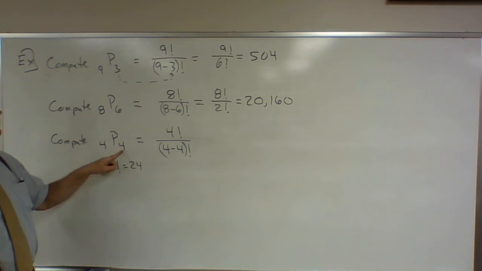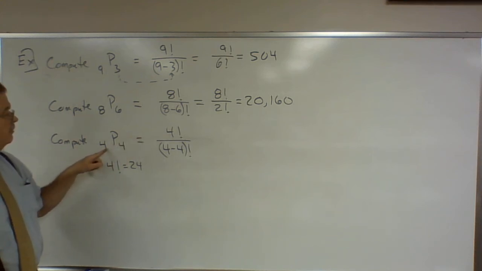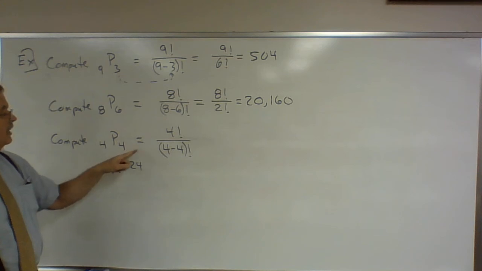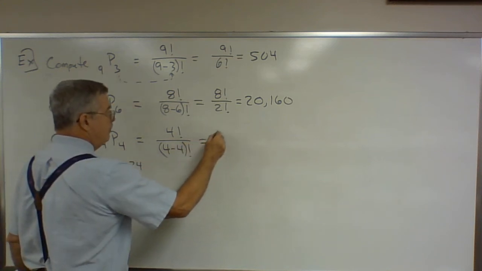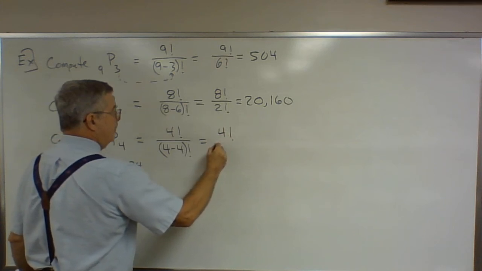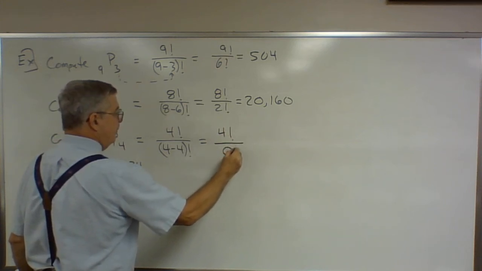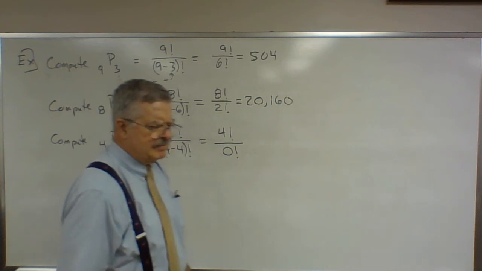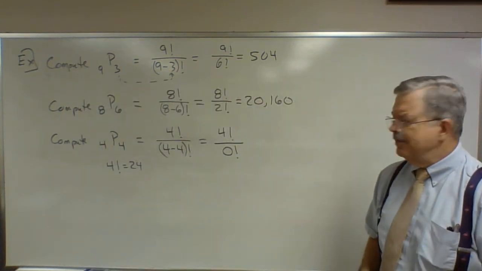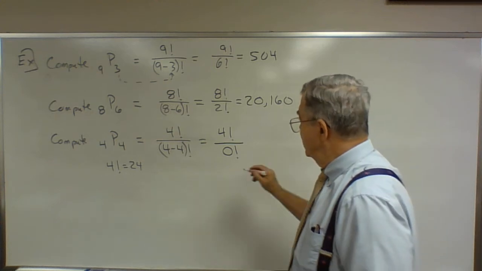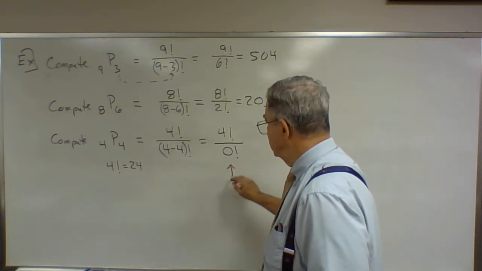Let's see, this is n factorial over n minus r factorial. What are we going to do with this? Let me say this.